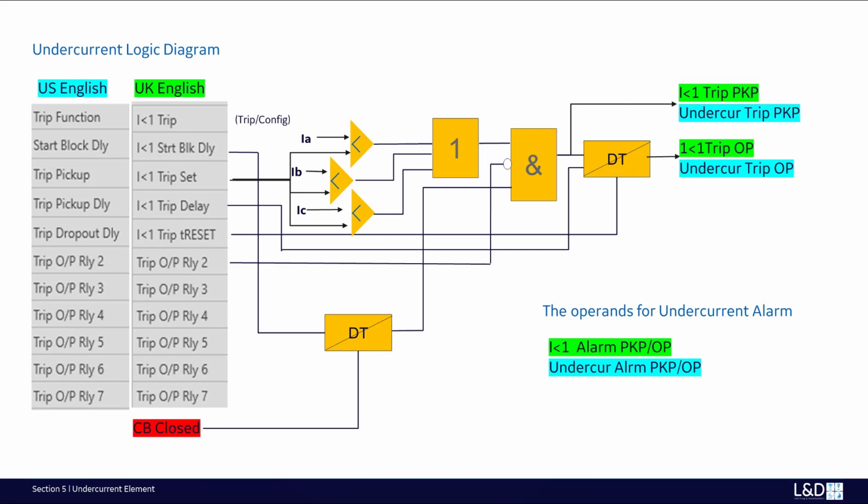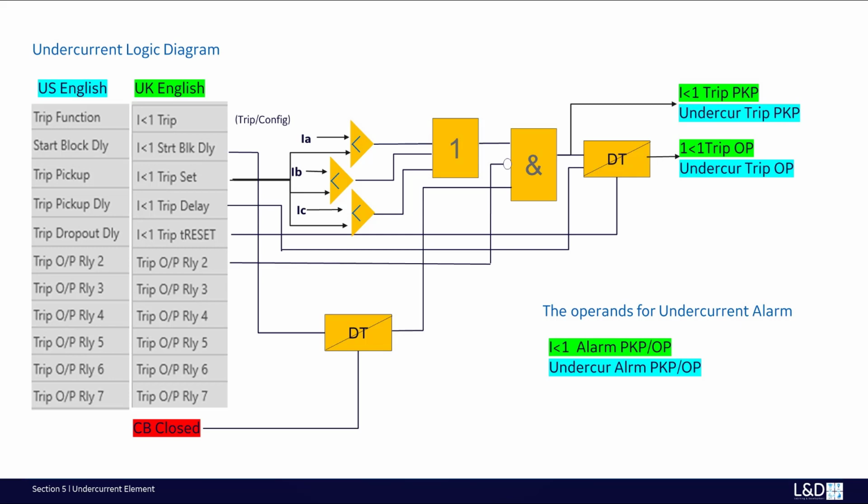Once the breaker is closed, the element will be blocked for a period of time defined by the setting start block delay. And after that, if any phase current IA, IB, or IC is below the threshold, it will output the operand I< 1 Trip, PKP or OP in UK English.